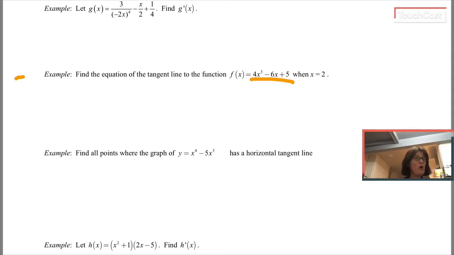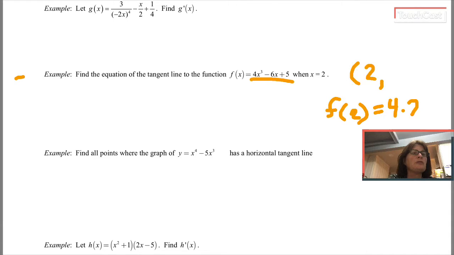But now that we know how to find derivatives, at least of some kinds of functions, watch how fast this problem is. I still need an ordered pair. I know the x-coordinate is going to be 2, comma. I'm going to need the y-coordinate, which is going to be f of 2, which is 4 times 2 cubed. I'm totally going to run out of room.